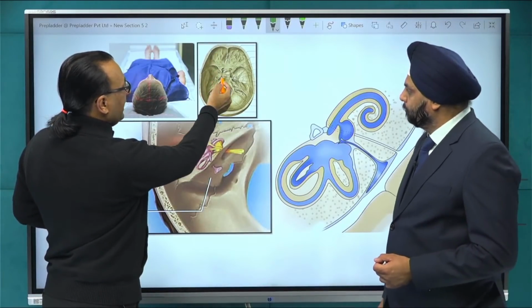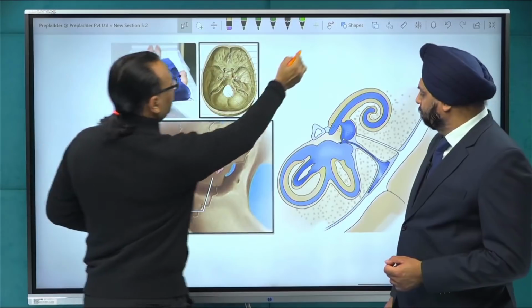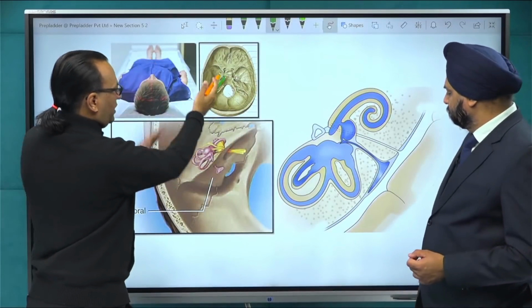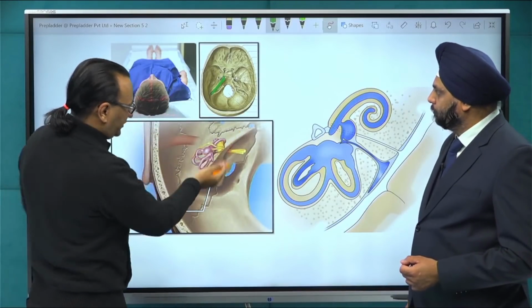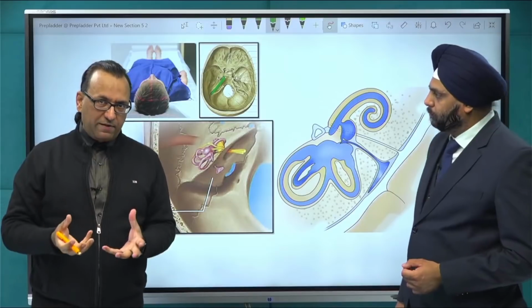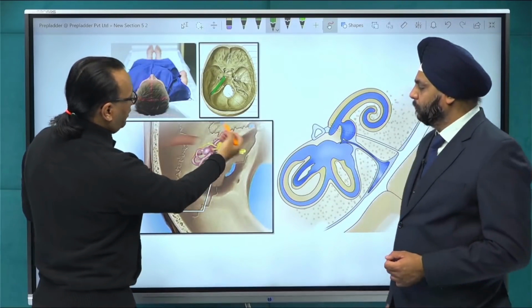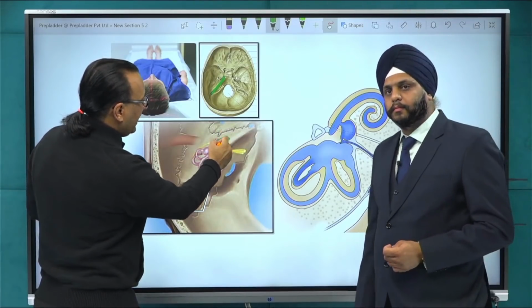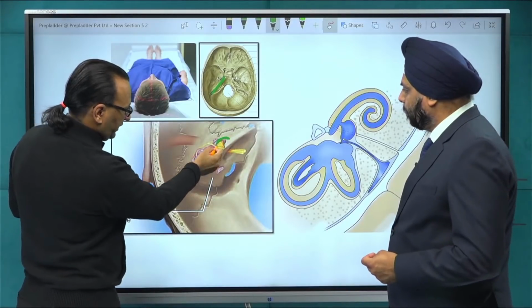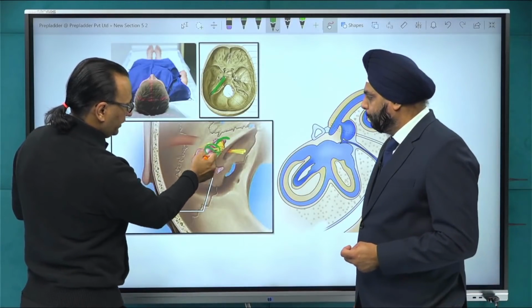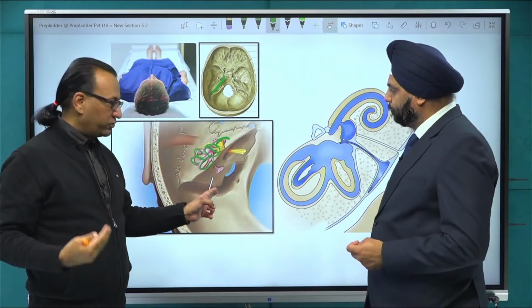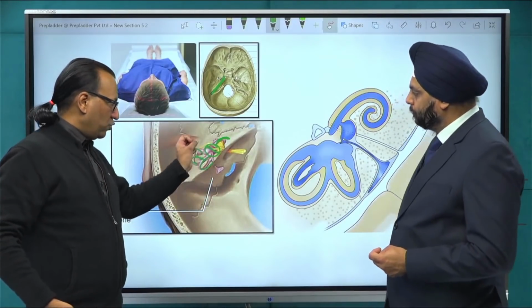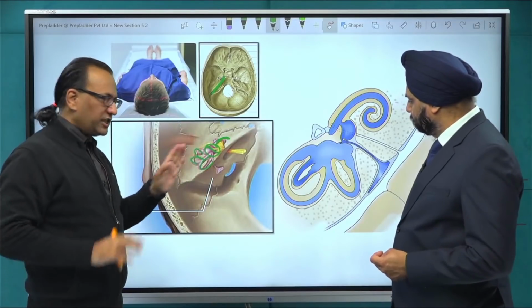There is a petrous temporal bone here, and as we magnify this petrous temporal bone, you will notice that inside it you have the inner ear. The cochlea is more anterior, the vestibule is slightly posterior, and these are the three semicircular canals, slightly still posterior.